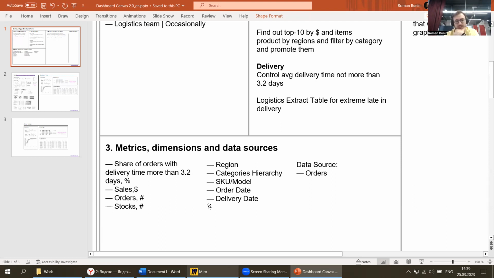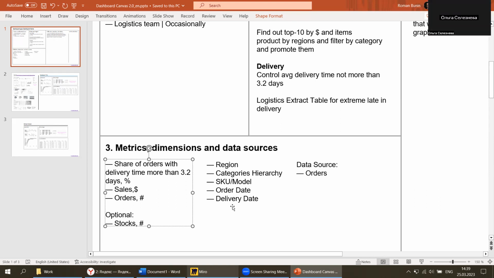Especially metrics, to be honest. Especially considering this one is optional. Maybe we need to divide them. Say, like we need a total of sales for month, for week, day, and so on. Yeah, it's okay.